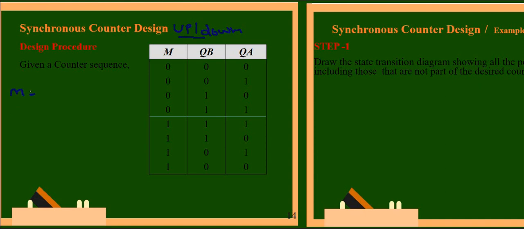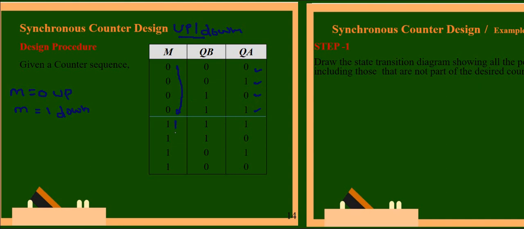When M is equal to 0, it acts as an up counter. When M is equal to 1, it acts as a down counter, as we discussed in the asynchronous counter. So in the truth table, when M is equal to 0, it goes 00, then 01, 10, 11. That is nothing but up counter activity.